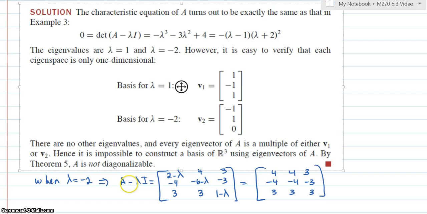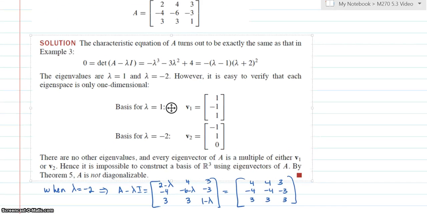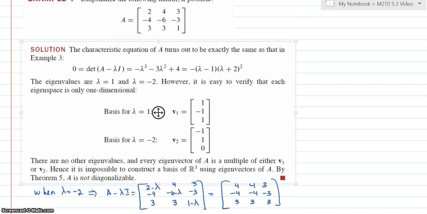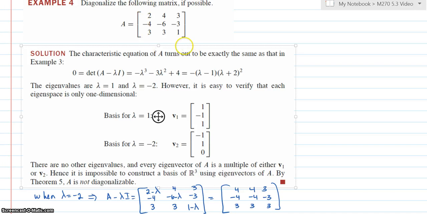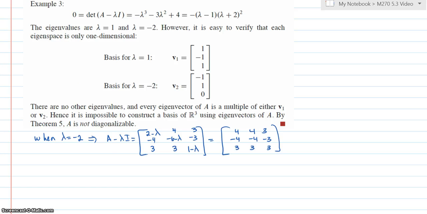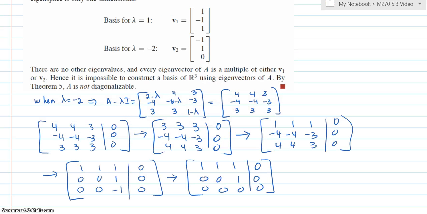So if I look at the A minus lambda I, here's the A, there it is. And if I plug in a negative 2 here, I should get this matrix. And now looking at the homogeneous solution, if I row reduce it, this is what I get. I interchanged rows 1 and 3, divided everything by 3, got zeros here. I took 4 times the first row, added it to the second row, and then the same thing here. Then I got a 0 there.